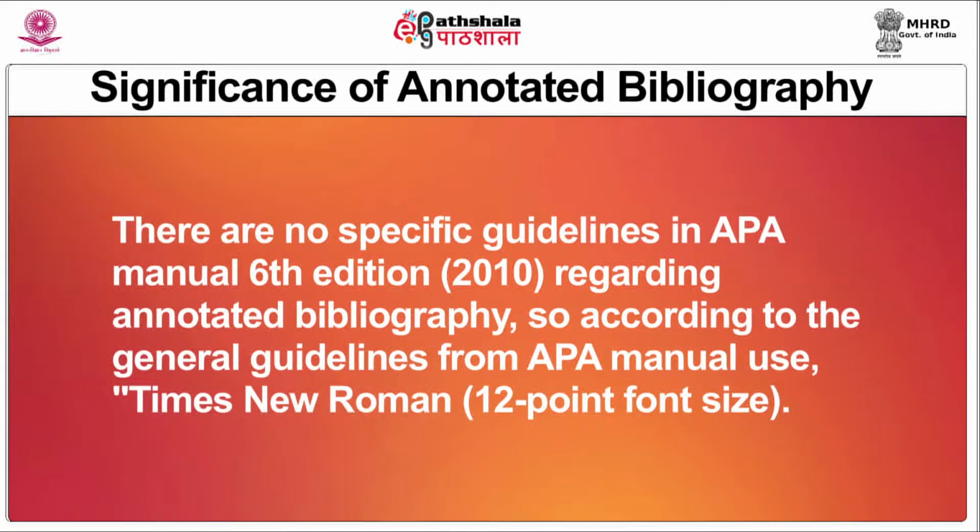There are no specific guidelines in the APA Manual, 6th edition, that is in 2010, regarding annotated bibliography. So, according to the journal guidelines from the APA manual, use Times New Roman, 12-point font size. Format each reference according to the examples in APA.